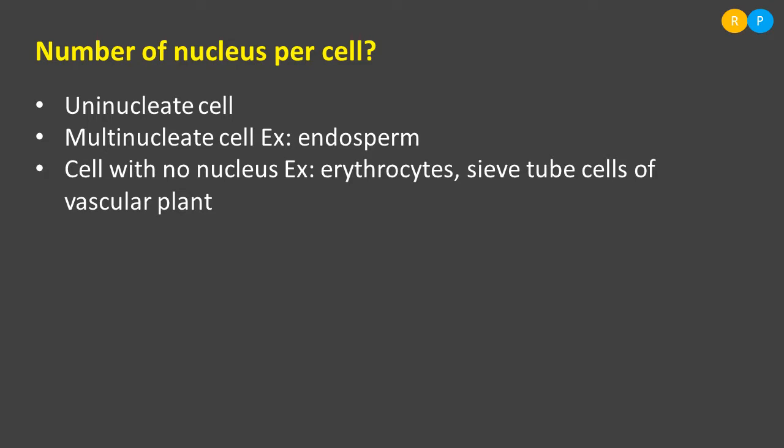The best examples are erythrocytes and sieve tube cells in angiosperms. So erythrocytes in the case of human beings, sieve tube cell in the case of angiosperms. Clear? So this is regarding the structure of the nucleus as well as the number of nuclei per cell. And in our next video, let us continue our study on the structure of chromosome. Thank you.